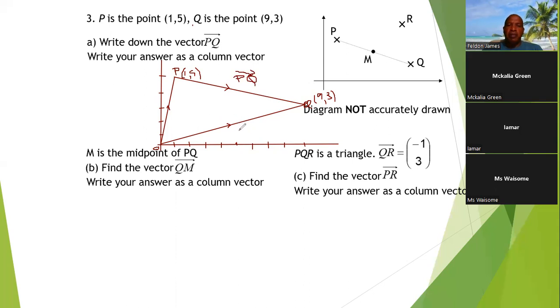Now, remember, if you're thinking about the vector from P to Q, in vector addition, if you start at P and you end at Q, which other direction could you go to get to Q?